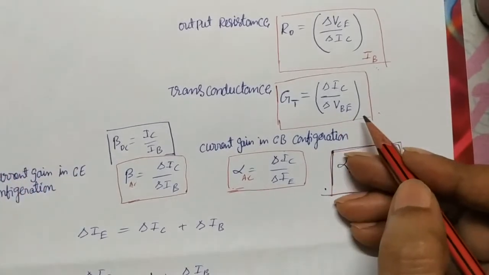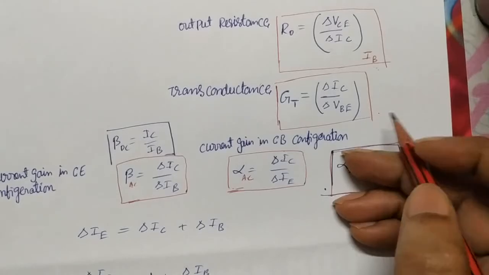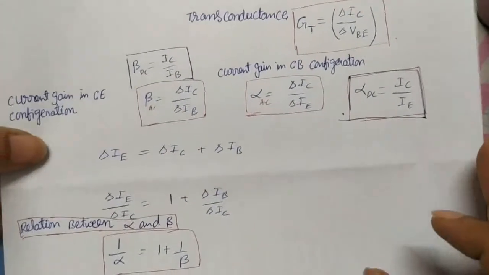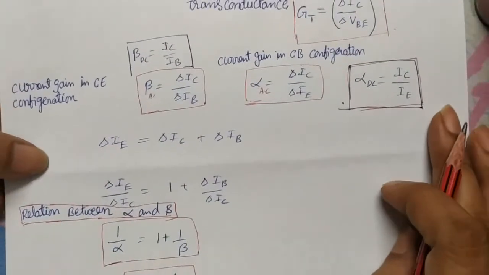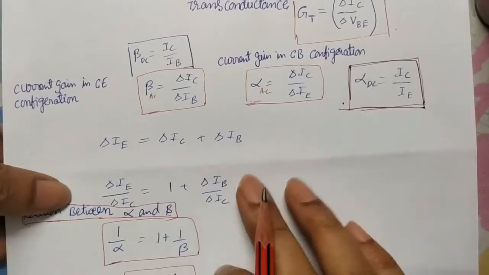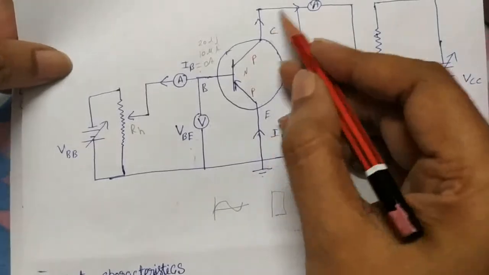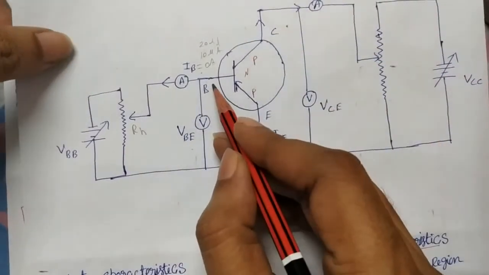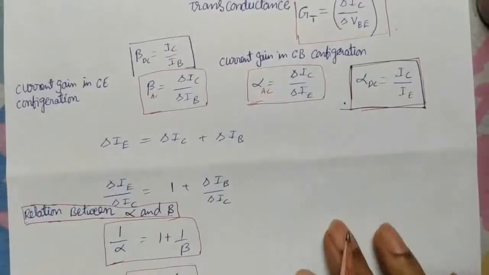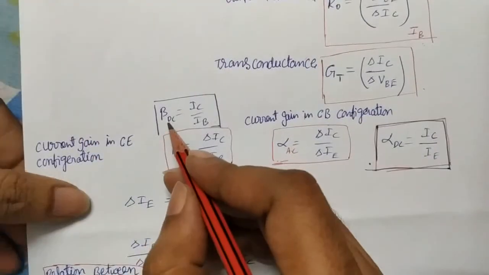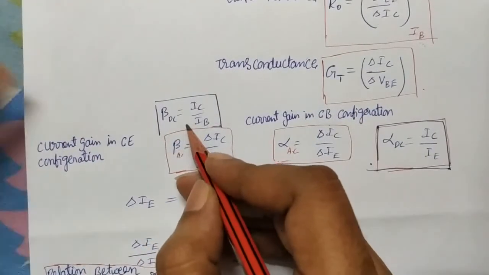And what is current gain? What is current gain in any circuit? Output current by input current. What is the output current in this circuit? IC is the output, IB is the input. So the current gain is represented with beta in common emitter configuration.